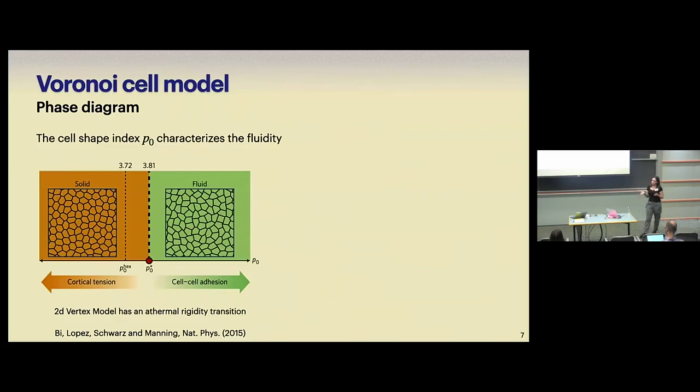If the shape index is less than this critical value, the model is a disordered solid: the cells can't all achieve their target shape index. Whereas above this critical value, all the cells are able to achieve their target shape index, and the model behaves like a fluid.